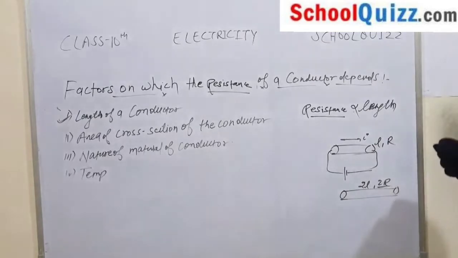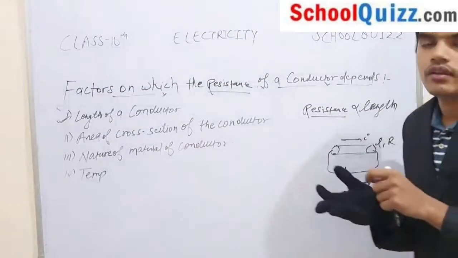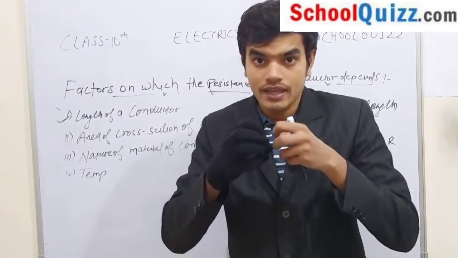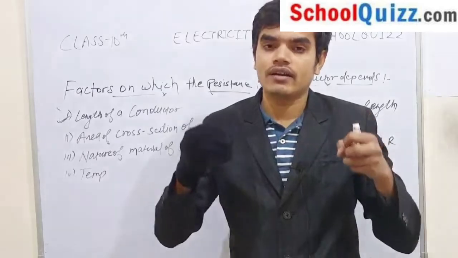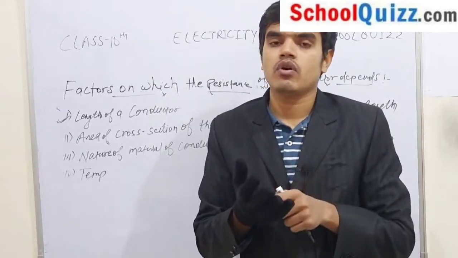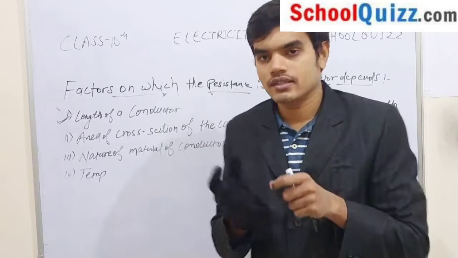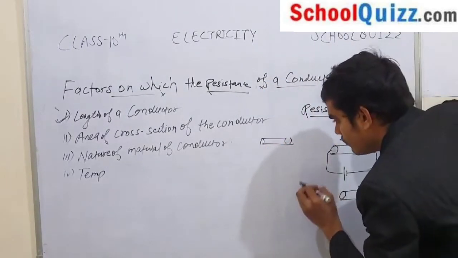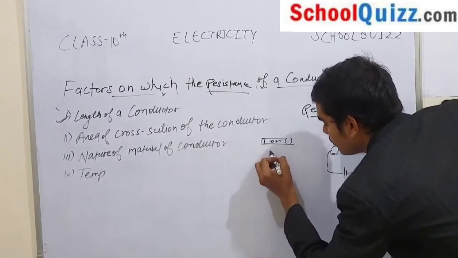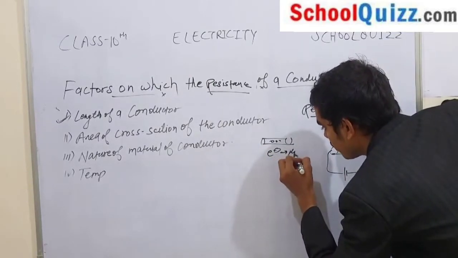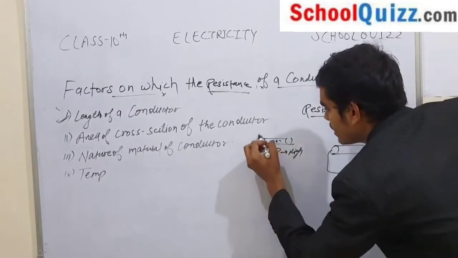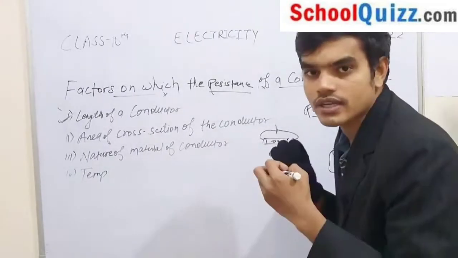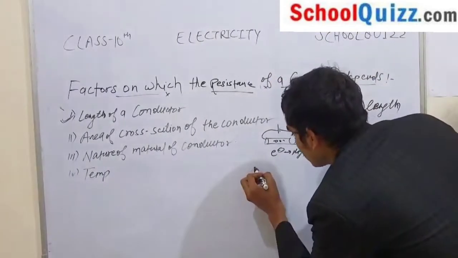Now, why is it so? Why, if we increase the length of the conductor, does the resistance also increase? This is because, in a conductor, there are a very high number of free electrons, and as we apply potential difference, these electrons start moving randomly.